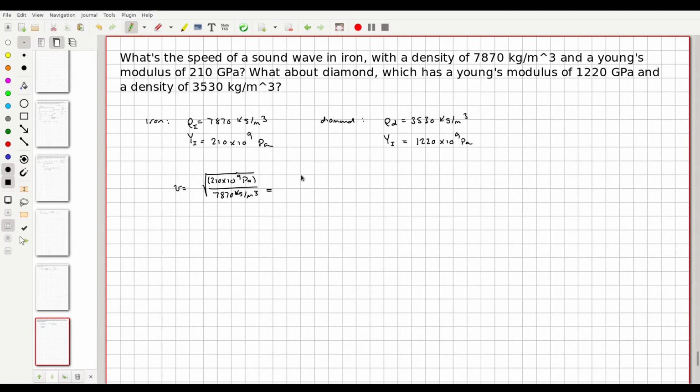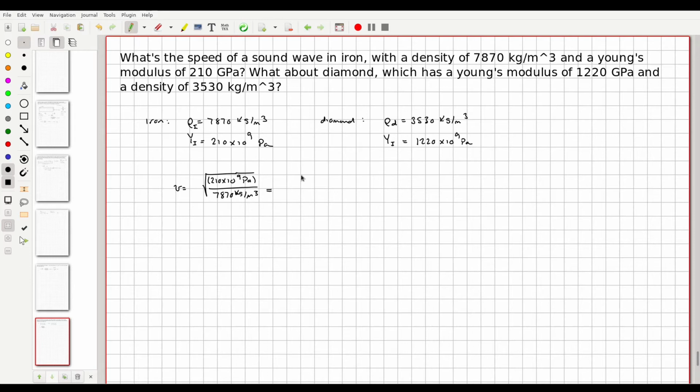So if I plug this into my calculator, I get 210 times 10 to the ninth.